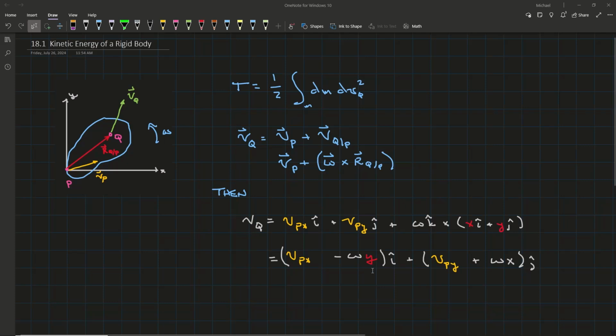VPX minus omega y i plus VPY plus, that is, omega x j, where omega k cross x i equals omega x j, and omega k cross y j equals minus omega y i.